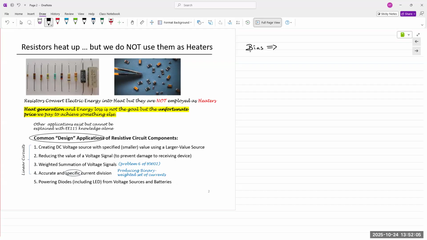So when we say bias, we are applying a certain amount of voltage or a certain amount of current. We'd say we are applying a voltage bias or a current bias. In simple terms, biasing means the application of voltage or current to ensure that a circuit is working within a specified range.